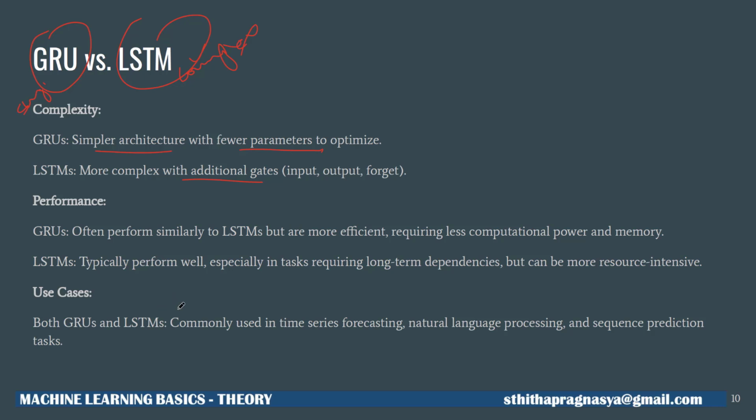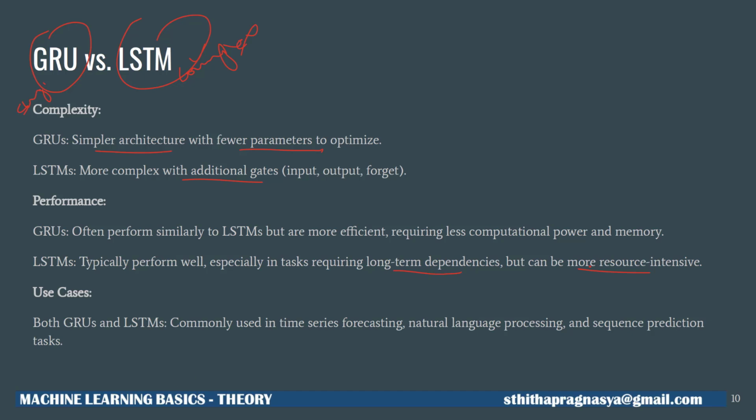LSTMs typically perform well, especially in tasks requiring long-term dependencies, but they are, of course, resource intensive. Both are used in similar applications such as time series forecasting, natural language processing, and sequence prediction tasks. I guess it depends on whether you want to handle more parameters to optimize in your model or not.